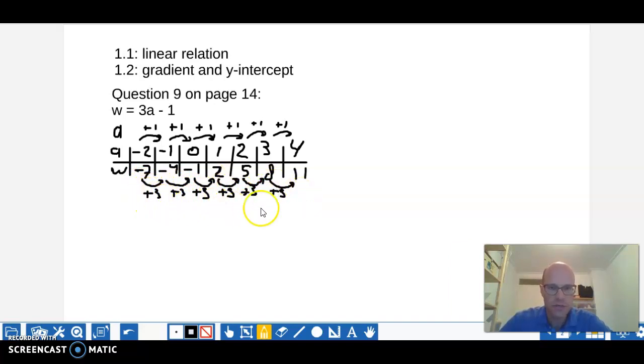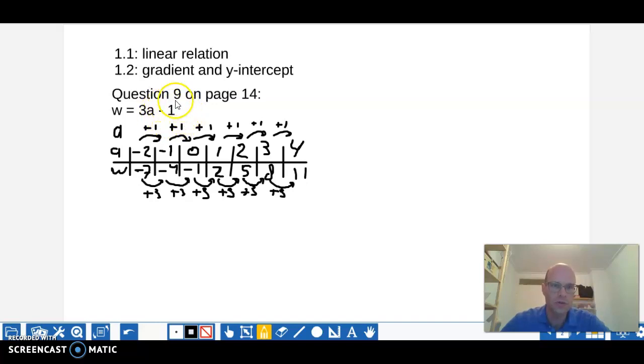Then if this is the same number all the time, you have a linear relation. And for a linear relation, the formula is like this, and the numbers have special names. This number is what you get if you fill in 0 for the variable, and that is called the y-intercept.